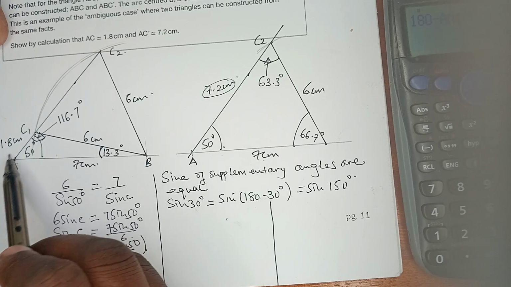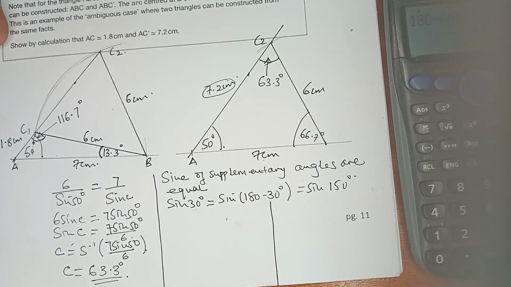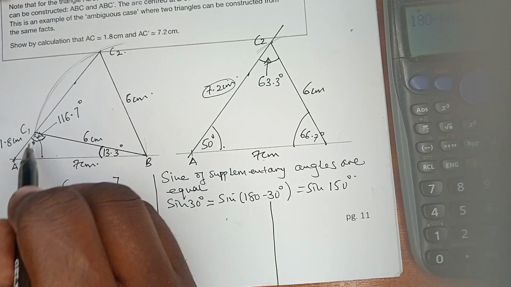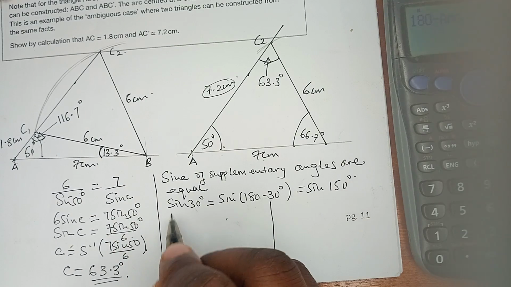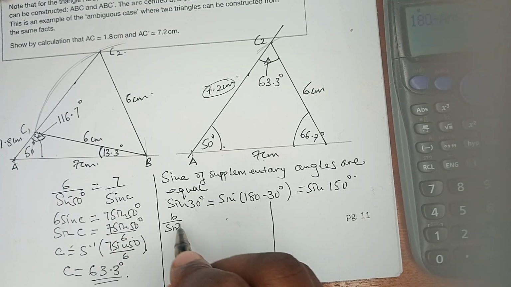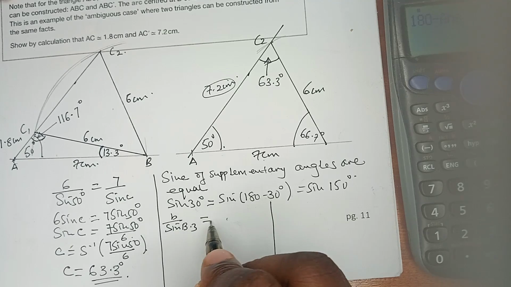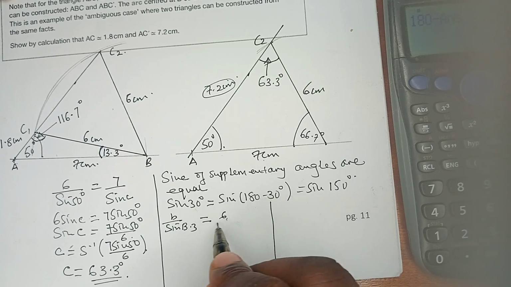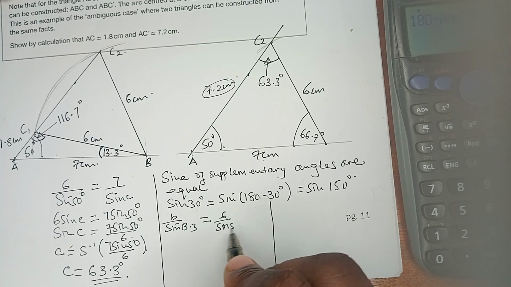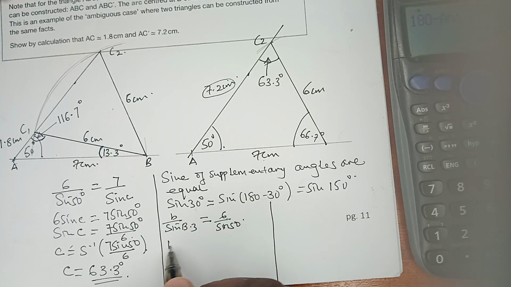Let us now have our argument. How do we prove this is 1.8 centimeters and this is 7.2? Because that is how the question is asking us. Of course, we know that if we say this is small side B, B over the sine of 13.3 is equal to 6 over the sine of 50. And we can see B is going to be equal to 6 sine 13.3 divided by the sine of 50.